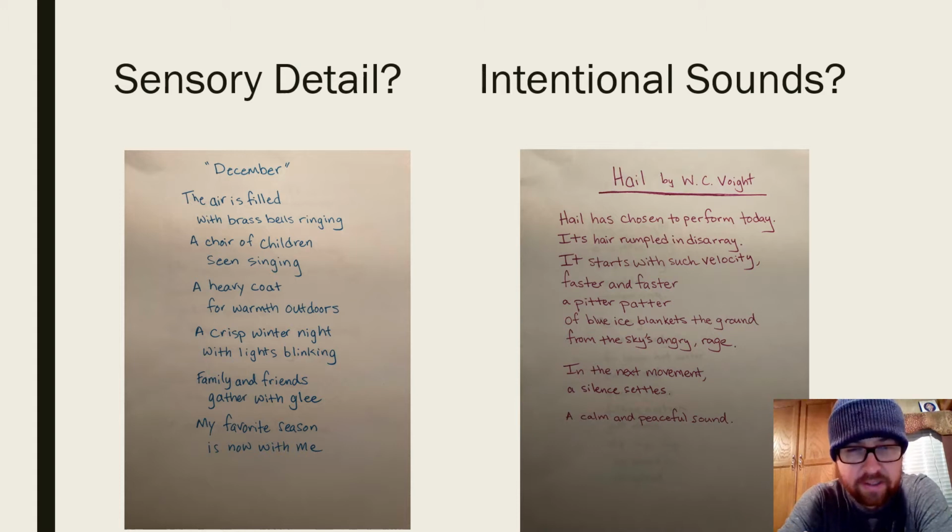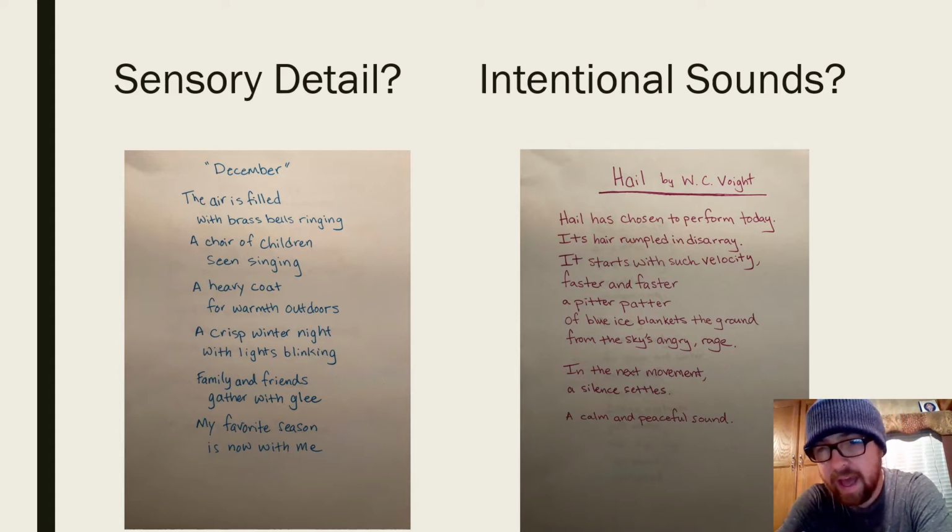For sight, we can go with a choir of children singing. For sound, I think we could probably go for brass bells ringing. So those are some sensory details I have in my poem December.